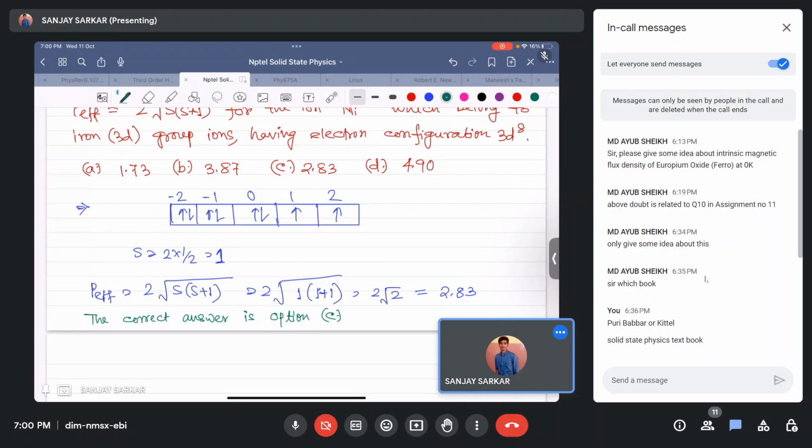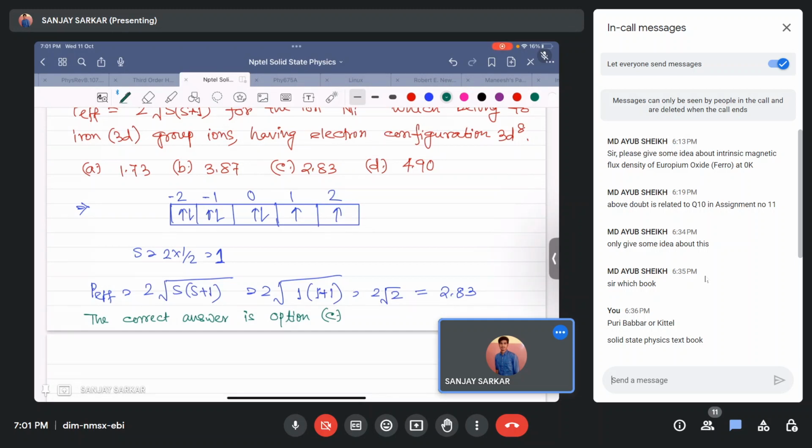So B is this effective magnetic field flux density. B is equal to lambda into m, and since it is at 0 Kelvin temperature, it is the spontaneous magnetization, m is 0. So the formula will be replaced as lambda n g j mu b.